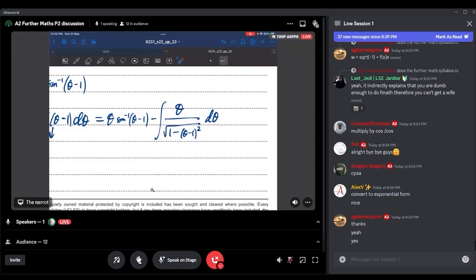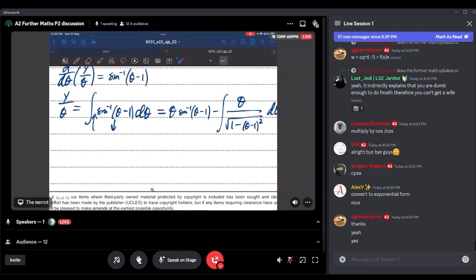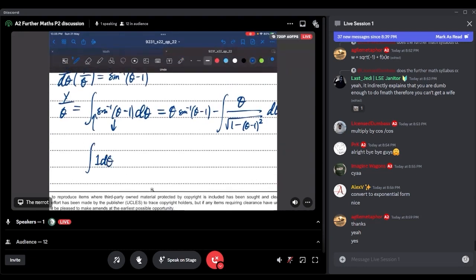And when you integrate 1, for sure you get a theta, but the constant of integration is up to you. You can even put +1 here. That's fine. Or you can even put -1. So I can change the one that I integrate into theta -1.